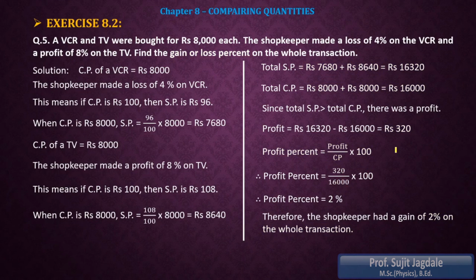It is very easy, we only have to use two steps. 2 times we have to calculate SP and 2 times we have to calculate CP, then we have to add total CP and total SP, and from that we can calculate the profit percent.